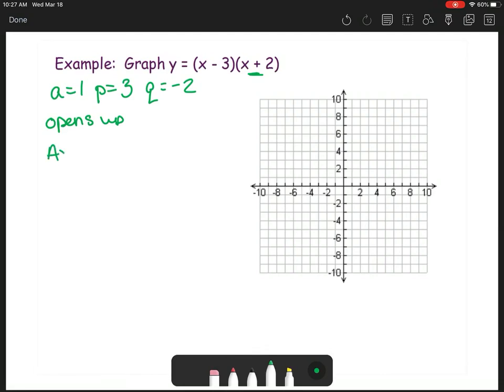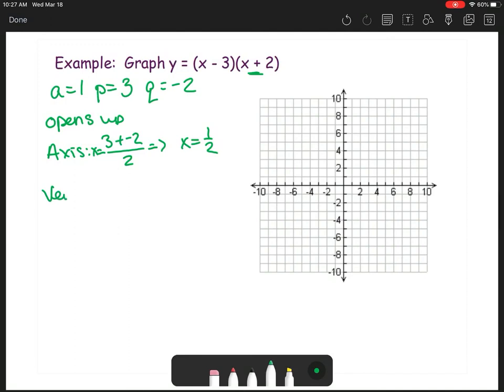It tells me my axis of symmetry is going to be 3 plus the -2 over 2, which is x equals 1/2. And then to find the vertex, you plug in 1/2. So you get 1/2 minus 3 and 1/2 plus 2. And if you plug that into a calculator, this should be negative 6.25.